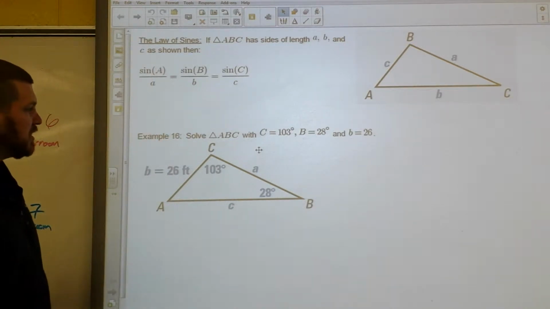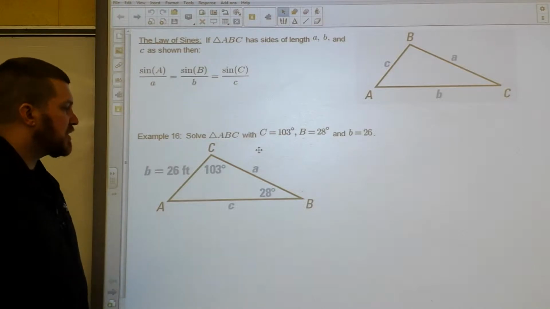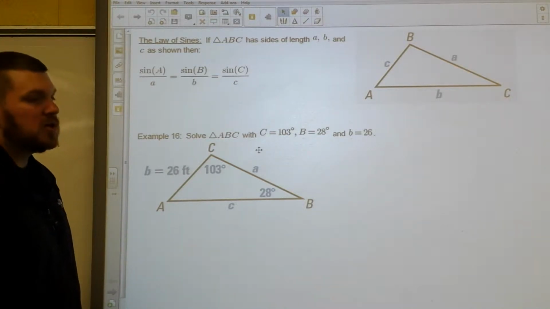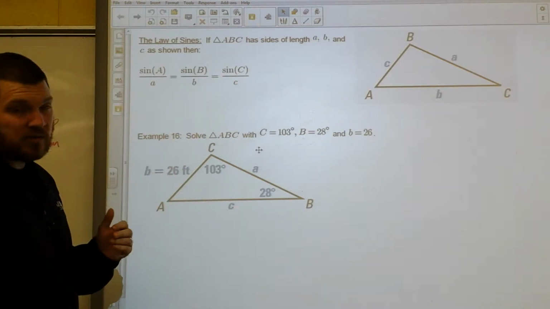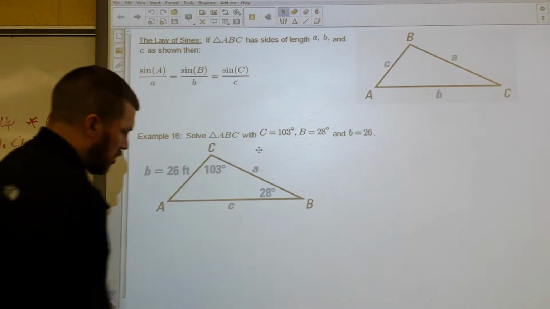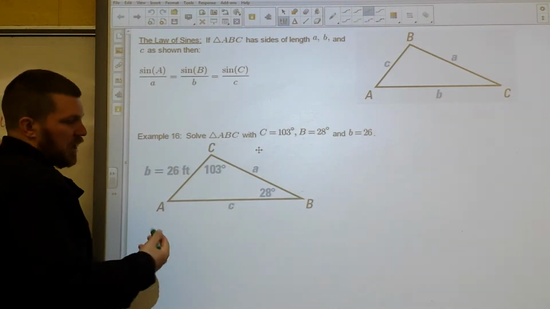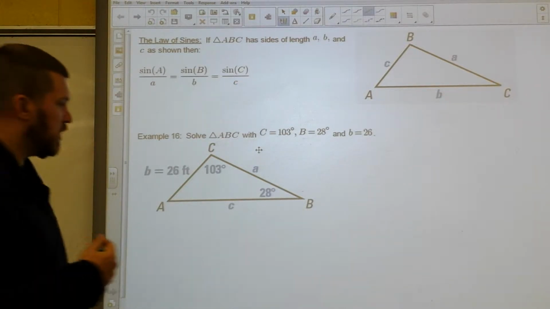So in example 16, we want to solve this triangle, and we're told that angle C is 103 degrees, angle B is 28 degrees, and side B is 26 feet. So first off, I'm going to find angle A, because when it says solve the triangle, we essentially have to find all the missing information. The reason why I'm starting with angle A is because I know that for whatever type of triangle I have, the total angles always add up to 180.